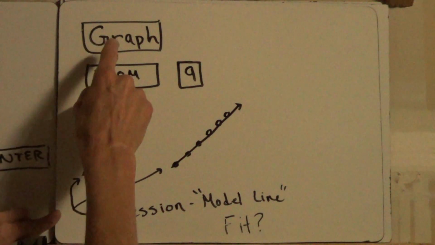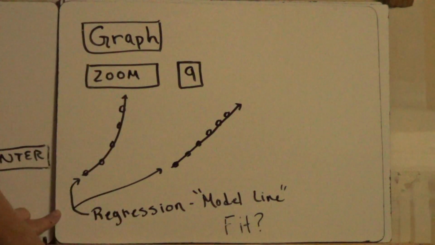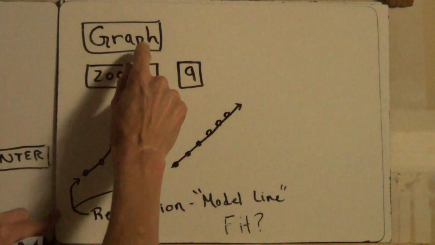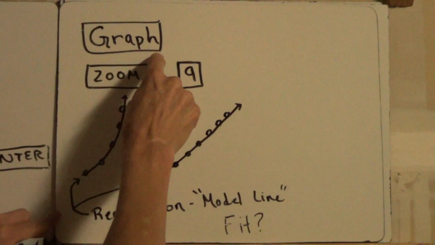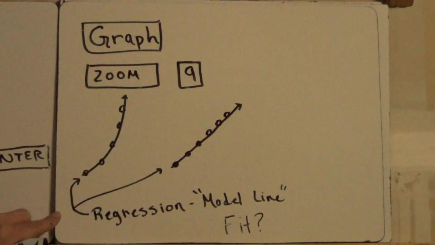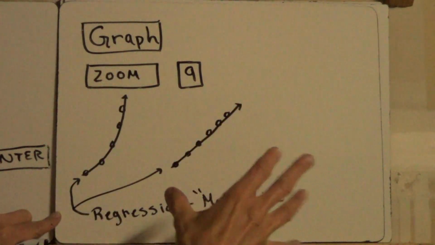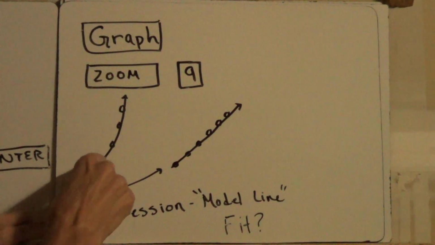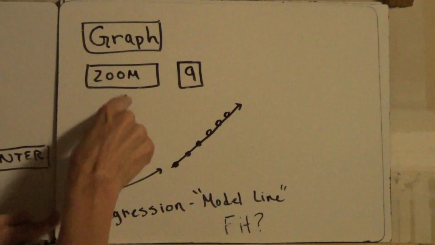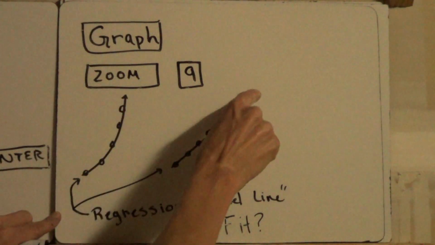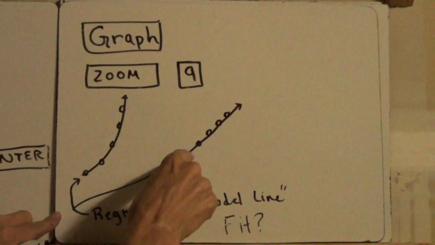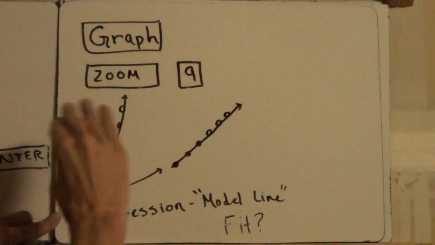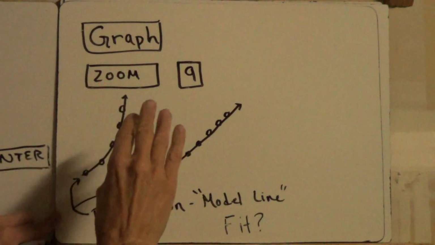Okay, once you hit graph, after you've entered the list, it will not take you to the graph. It will not graph your points until you hit zoom 9. Zoom 9 fits it and everything. Now, if your points come out like this with the line drawn, or points like this with the line drawn, you should be able to tell me which one is linear, which one is exponential.